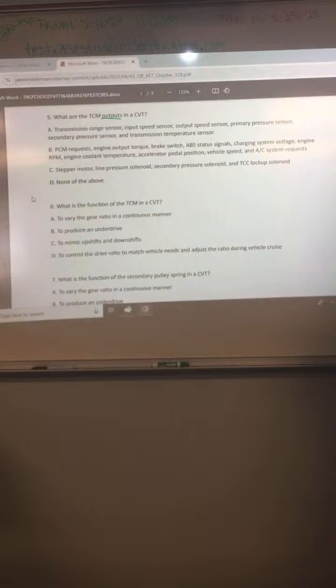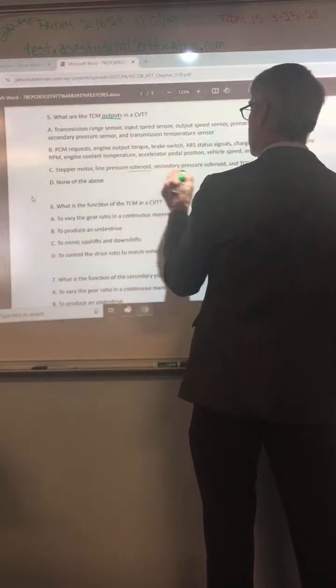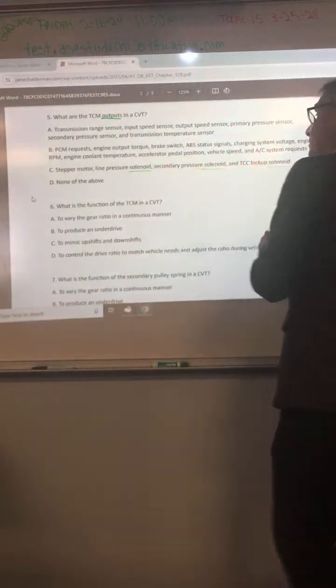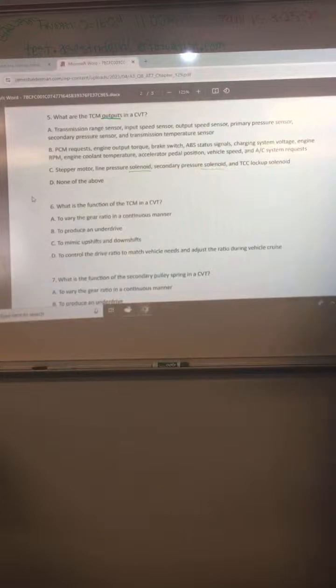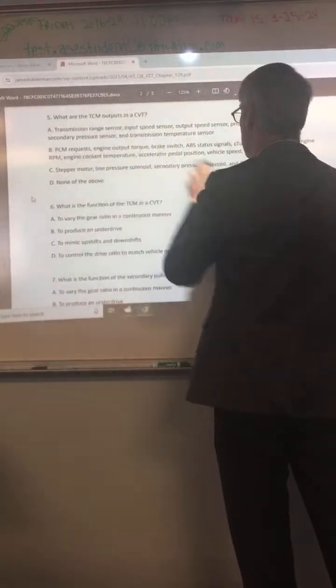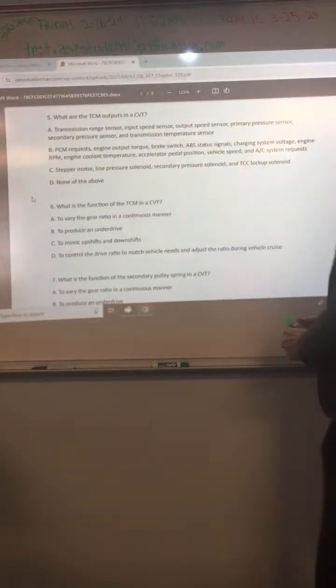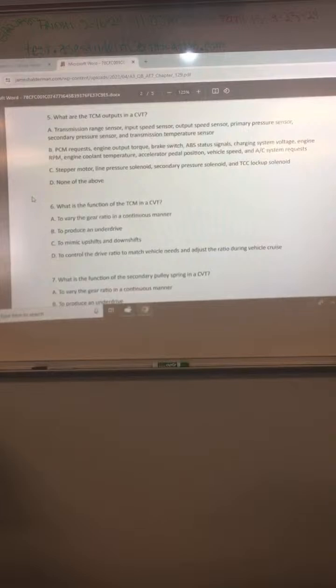I put C. Okay, outputs are what? Solenoids, relays, anything that will provide the action. Good. Inputs are sensors, outputs are solenoids, relays, stuff like that.